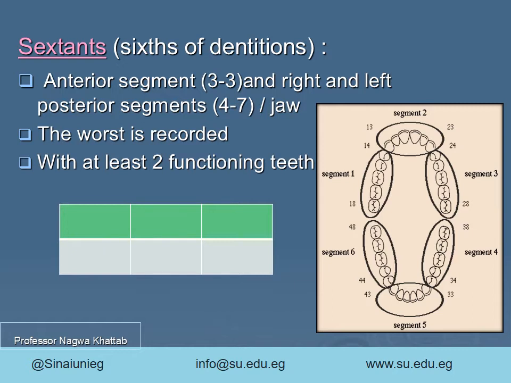I will examine all, but I will record the worst in each sextant. The sextant is considered present if it contains at least 2 functional teeth qualifying for recording. What do functional teeth mean? They are used in mastication. They are not loose. They are not drifted.